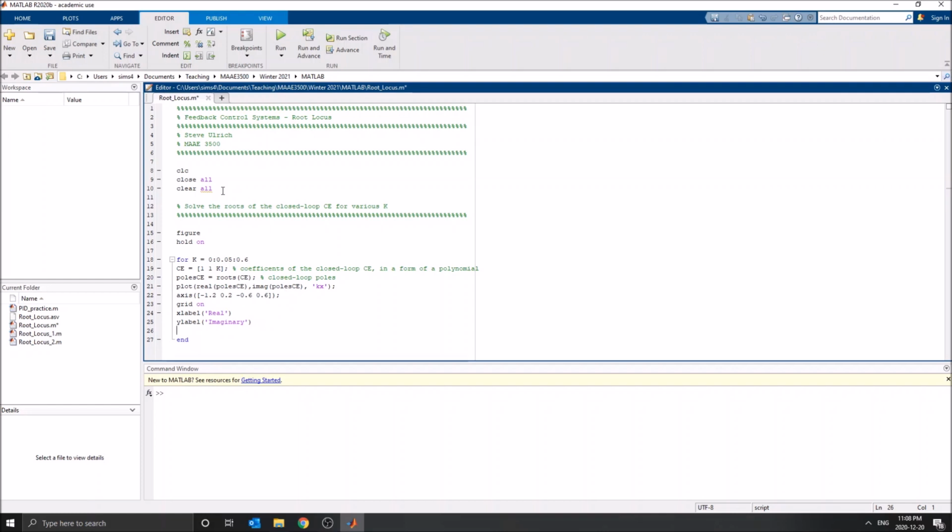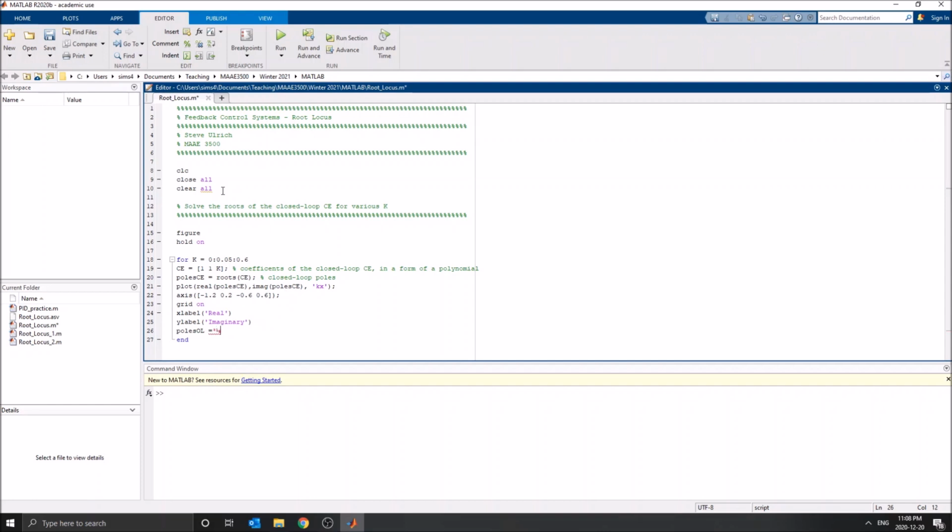Next, I also want to better visualize the location of the open loop poles, or the location of the closed loop poles evaluated at k equal to 0. This is exactly the same thing. So for that, I'm going to simply specify the poles of my open loop system.